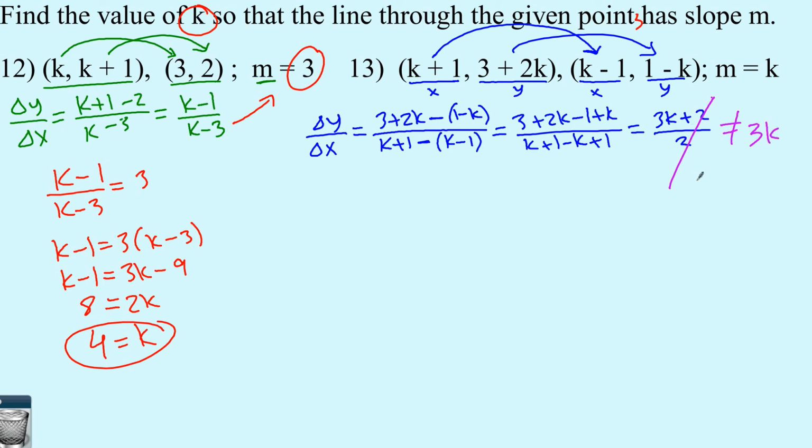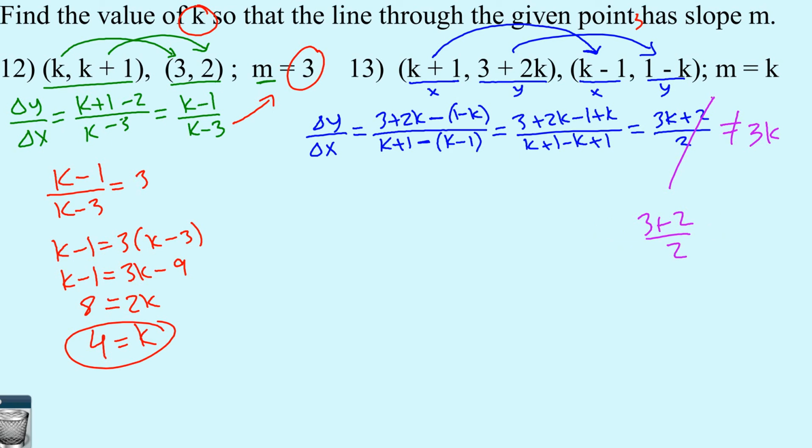There's a sign in my room, do not do this at all. Think about it. 3 plus 2 over 2 does not equal 3. It does equal 5 over 2. So don't cancel when you have adding and subtracting. Adding and subtracting throws all those shortcuts out the window.